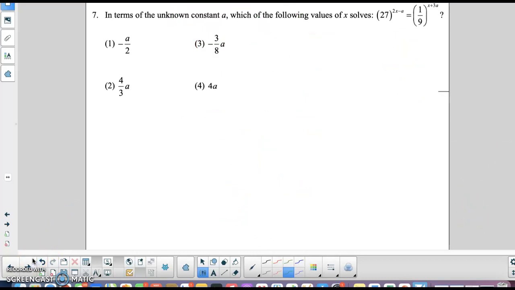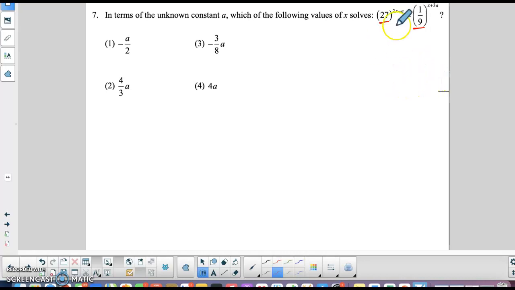I'm going to show the first couple steps because question 7 is very similar to question 6. So if you have an exponential equation, you want to solve it, your first reaction is common bases, right? You want to change that into the same base. If that doesn't work, of course, you still have a log. You can take a log of both sides.